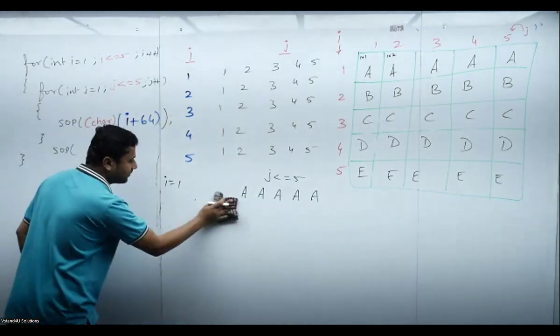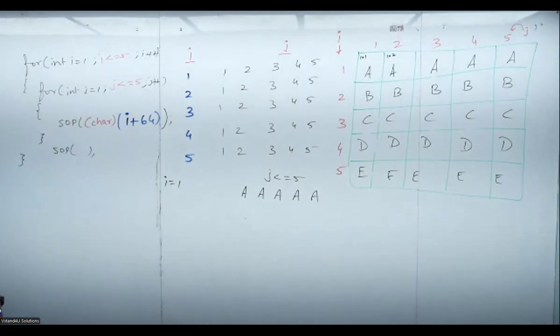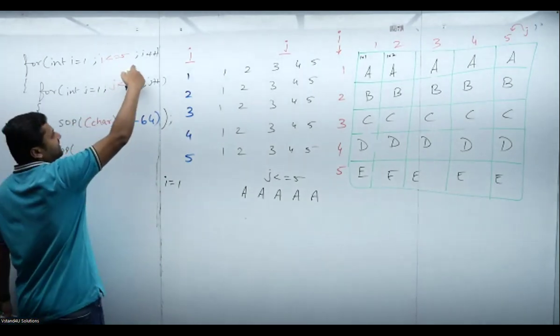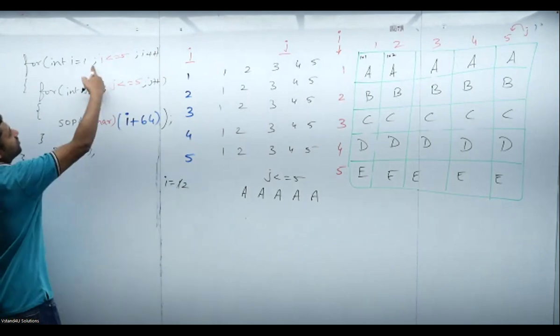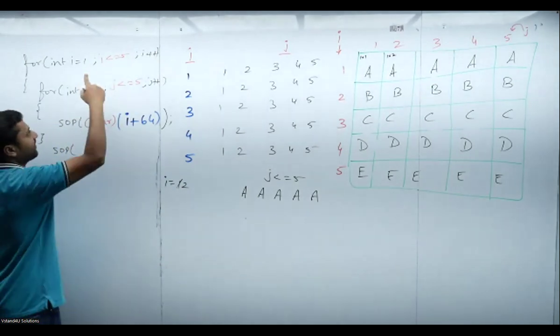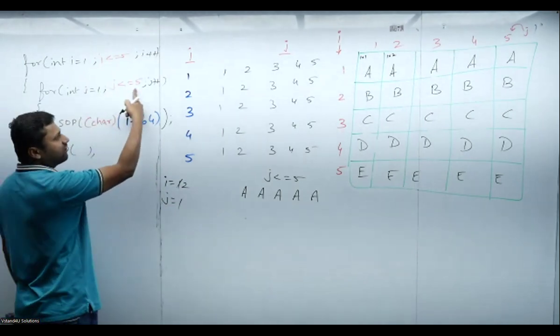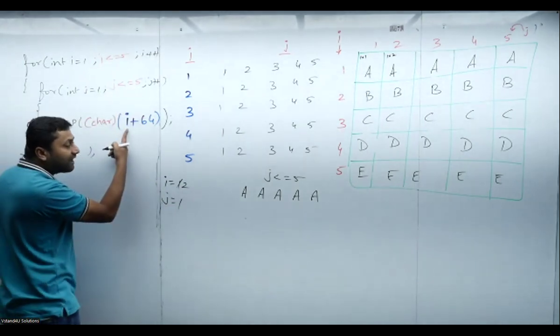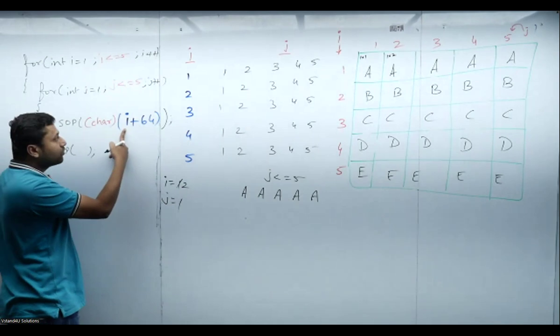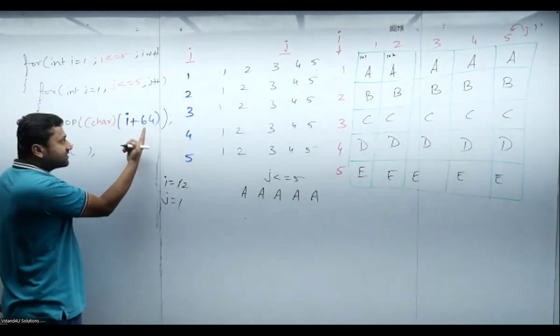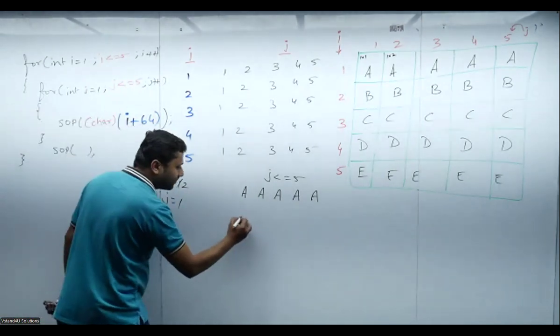And also don't forget, agree, after this, I has been incremented to 2, sir. 2 is less than or equal to 5 condition. If the condition is true, then once again, j will start with 1, less than or equal to 5 condition true. Then I value is what? 2 plus 64, 66 corresponding character.